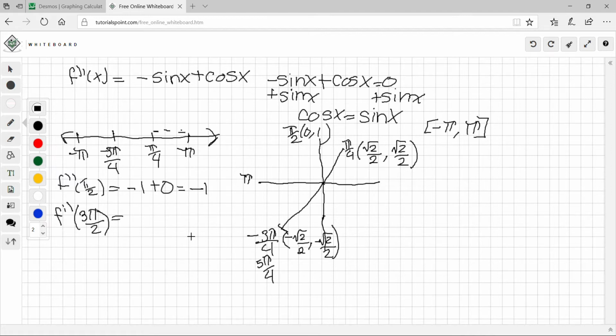Coordinates of 3 pi halves is 0, negative 1. So it's going to be negative 1, negative 1 plus 0, which becomes positive, so it's just 1. So this is positive right here.